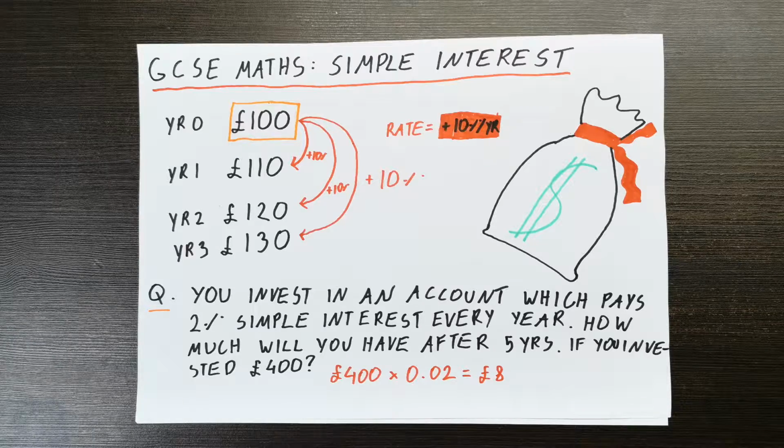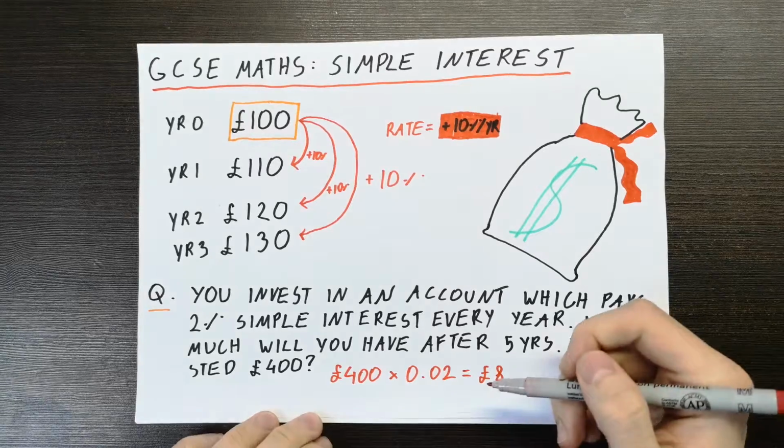But we are not going to be doing this year by year. Considering that this is simple interest, we can simply decide that after 5 years, we get that £8 added on 5 times, because simple interest goes from the original amount.